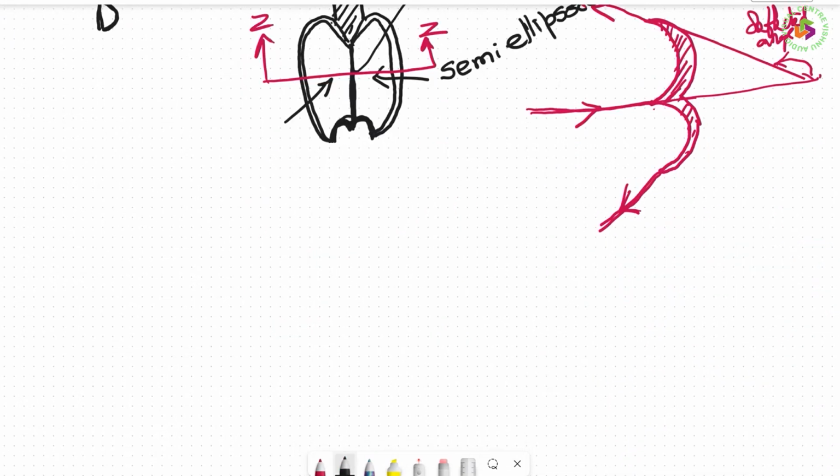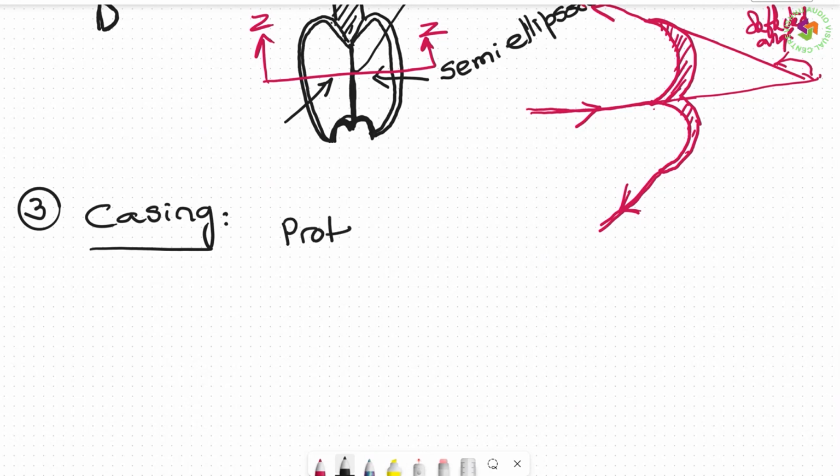Coming to the third component, casing. Casing is only a protection, just like a protection. It has no hydraulic function.